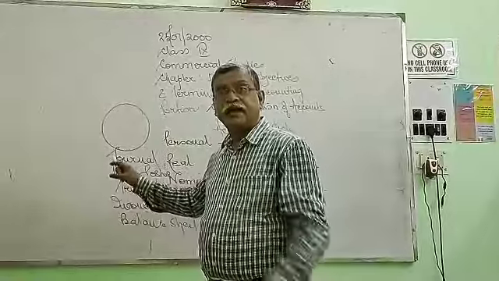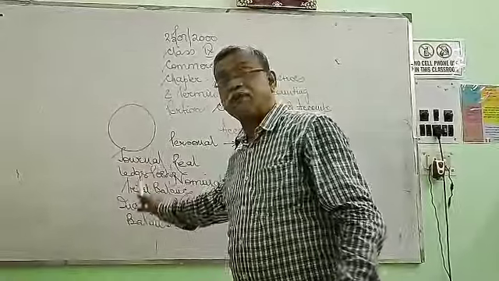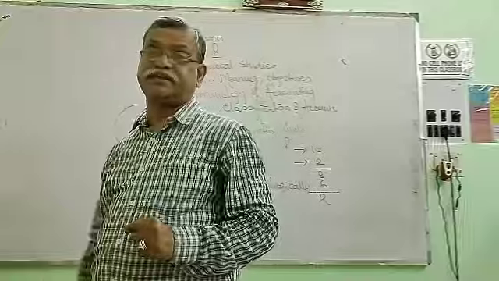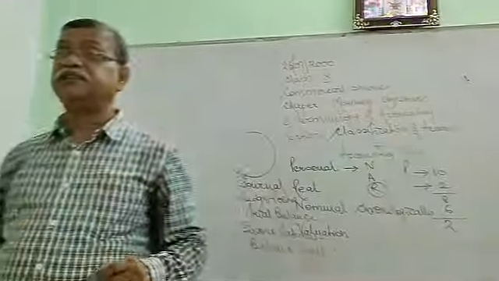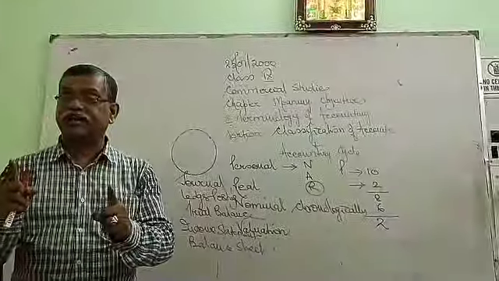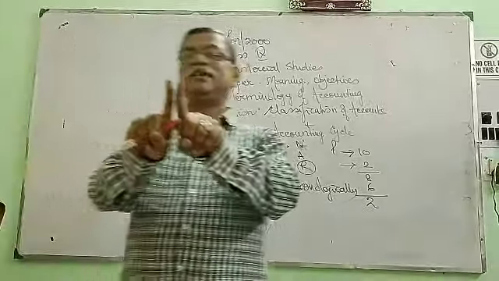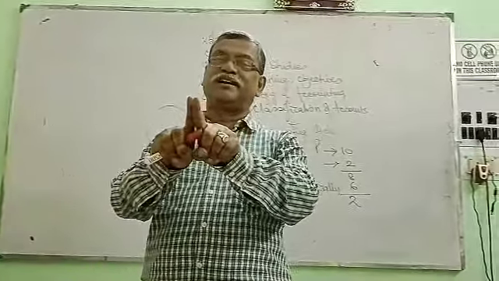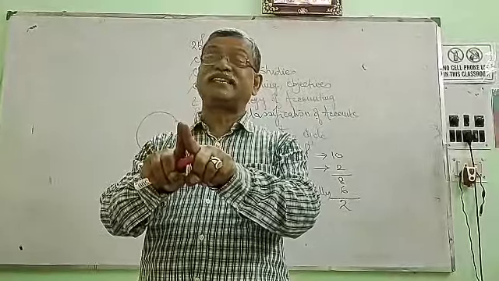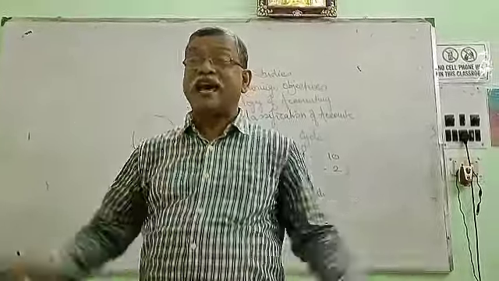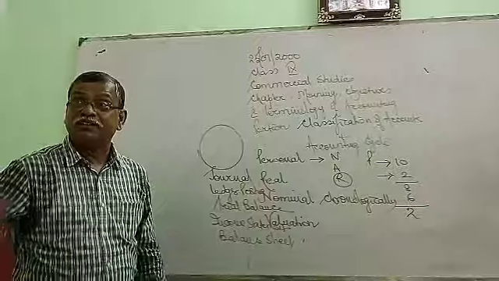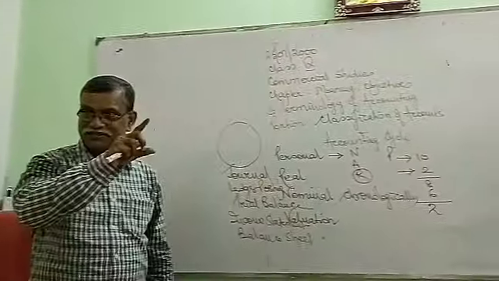If my postings are correct, then my trial balance totals, that is debit and credit, must be equal to each other. It is known as self-balance, and that is why the name trial balance.